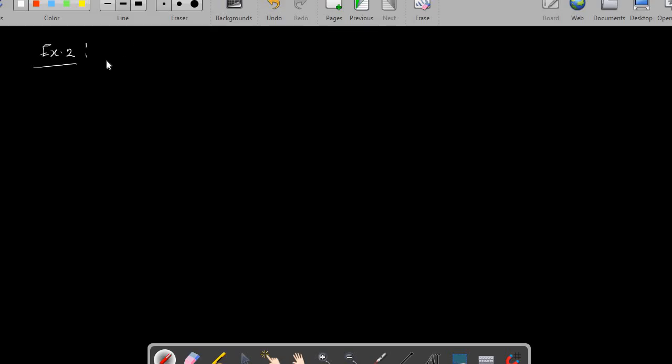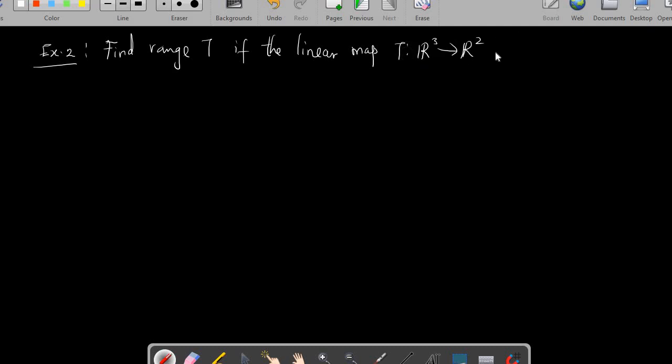So we have to find range T, if the linear map T such that R cubed is mapped to R squared is defined by T of x, y, z equals minus x plus y and y minus z.